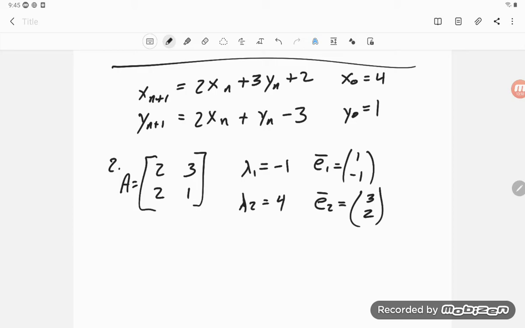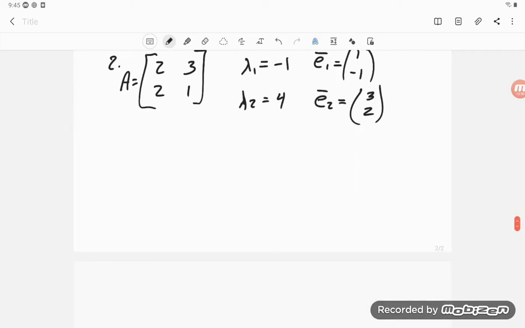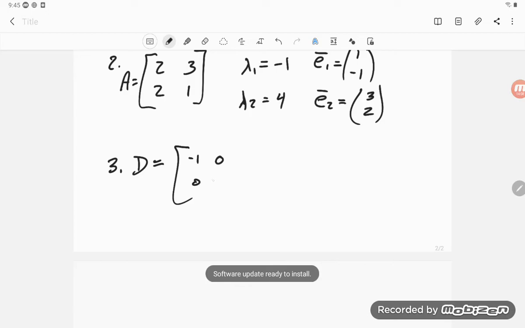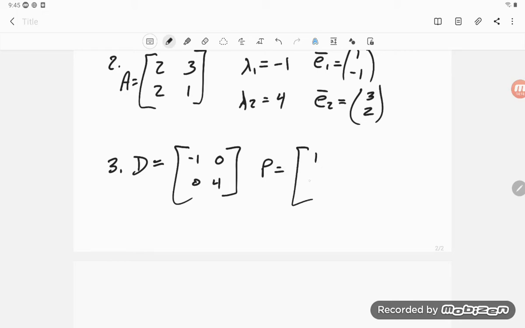This will work just fine. Okay, so there are our eigenvalues and eigenvectors. And so that means our D matrix is negative 1, 0, 0, 4. And our P matrix is 1, negative 1, 3, 2.